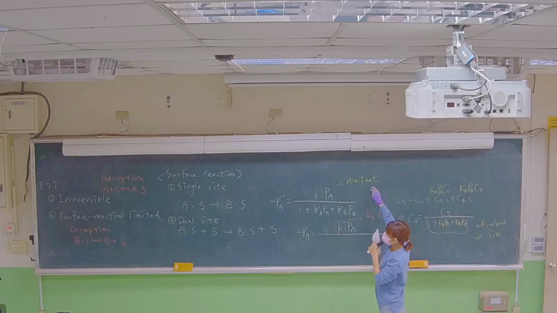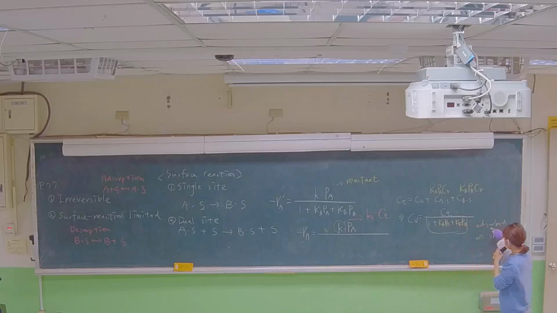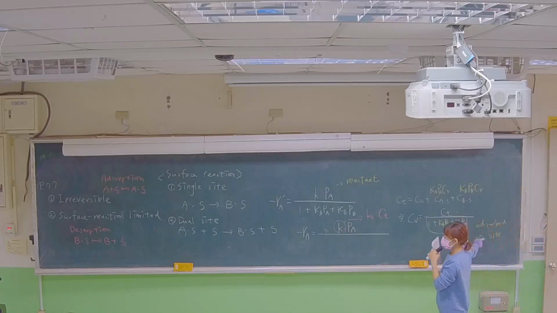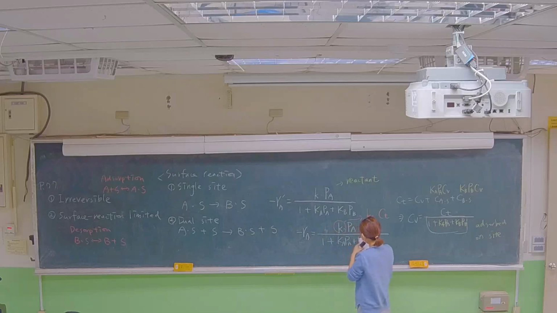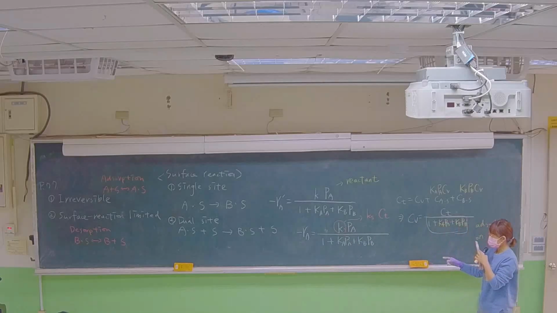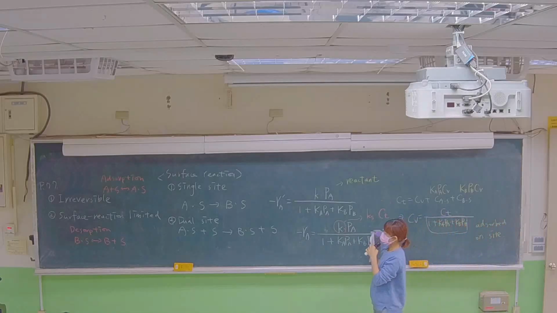How about this part? This part you should put the material adsorbed on the active site, right? So here, A and B are both adsorbed. Okay? But they are the same, but they are different, right?